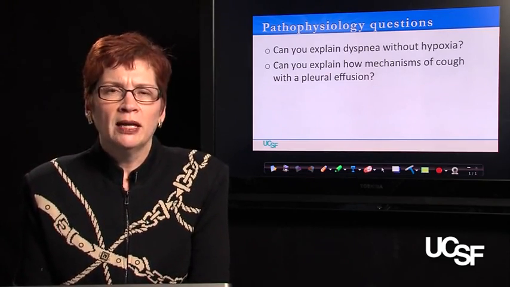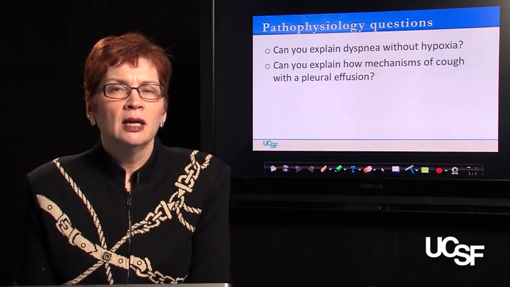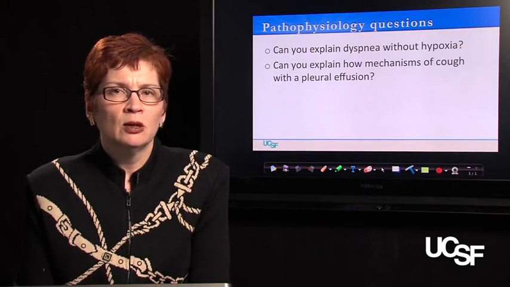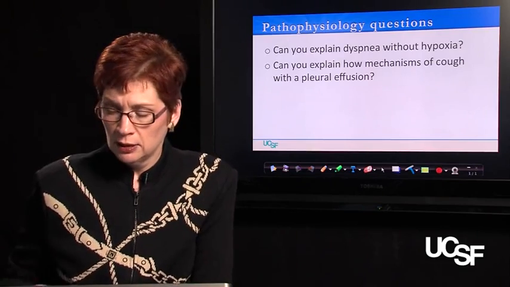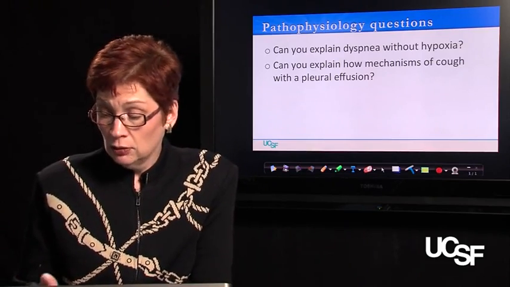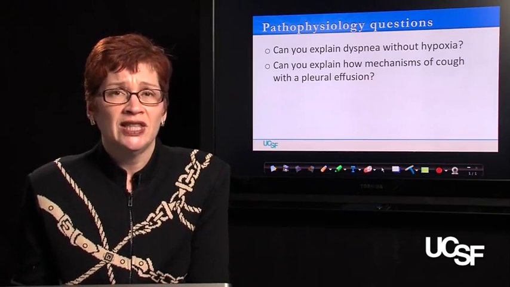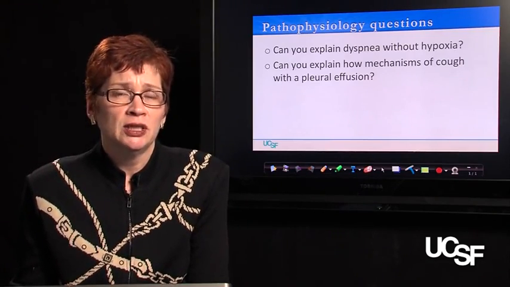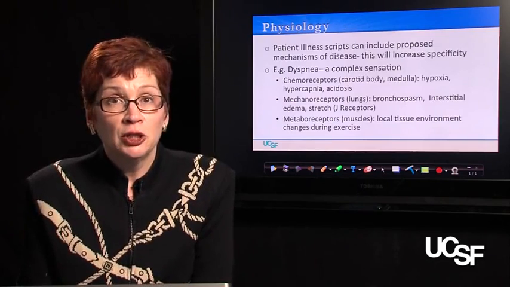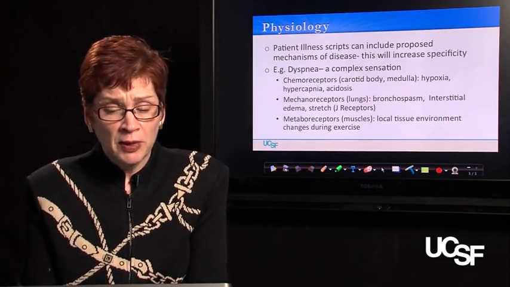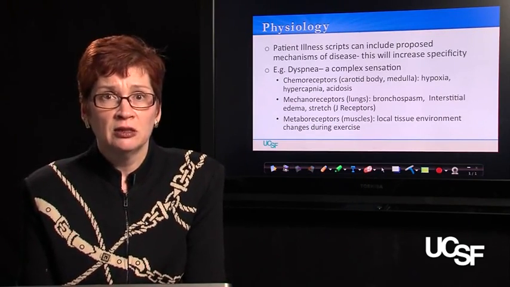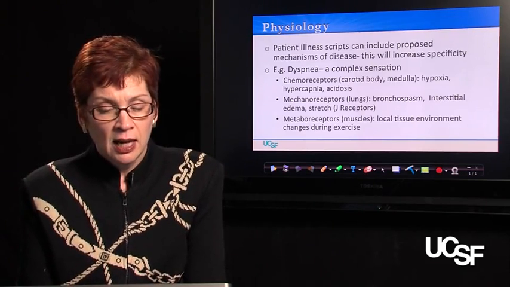Are there mechanisms of dyspnea without hypoxia that would help us be precise in the way in which we evaluate this patient's symptoms? And again, go back to your first and second year of medical school when you learn basic science, and you can see how relevant this is to the establishment of a good diagnosis. So, quick physiology review. As we talked about, patient illness script can include proposed mechanisms of disease to increase specificity. And let's look at dyspnea.